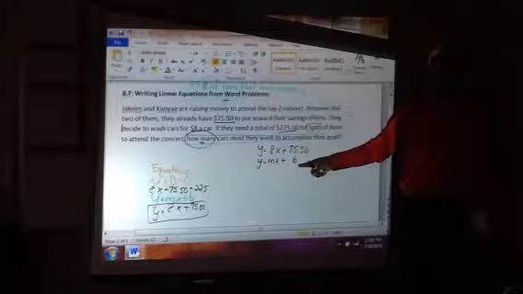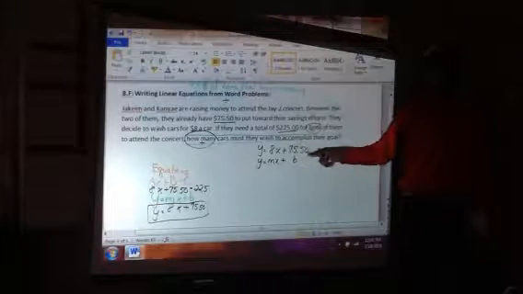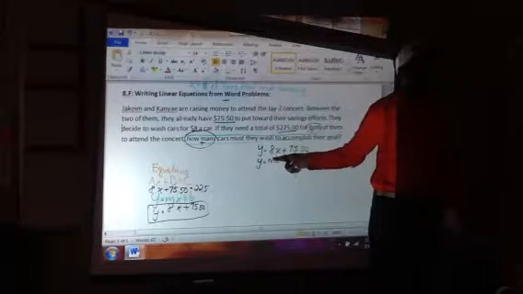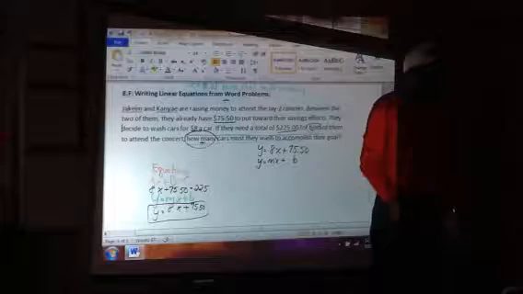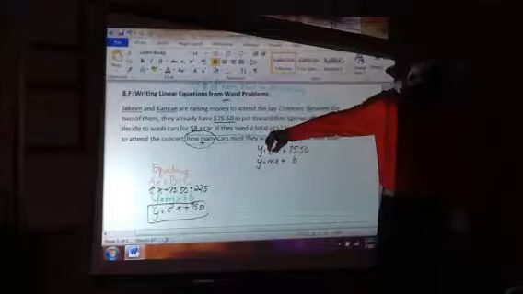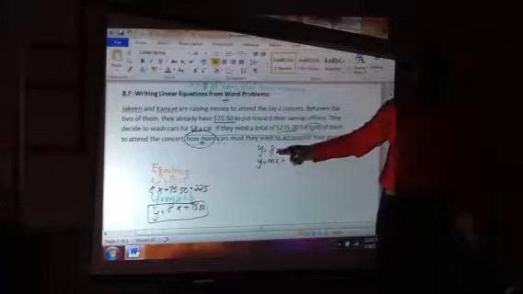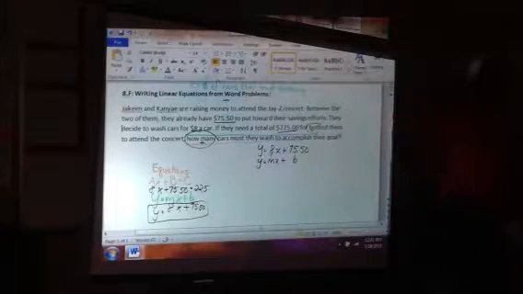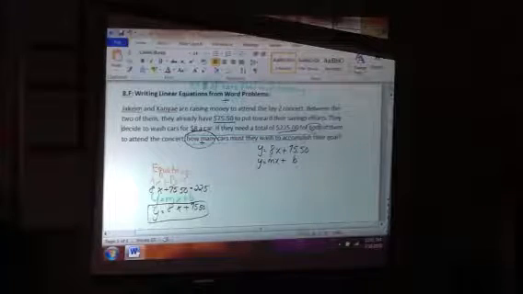The y-intercept. It's also your starting point for when you graph. You're going to graph that first. What do you call the 8? So there's your slope. So what would my fraction be? That means for every one car, my profit goes up $8. Makes sense?